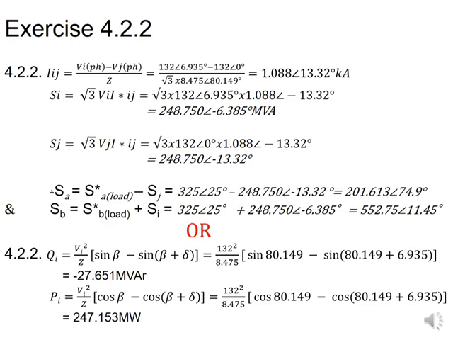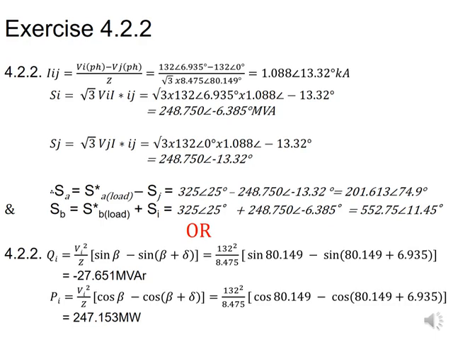Or you could have done it with the other formula. That's why I wanted to put it in here, so that you know even if you did it this way or the other way, you would end up getting exactly the same answer, where you work out your QI and your PI using the formulas.